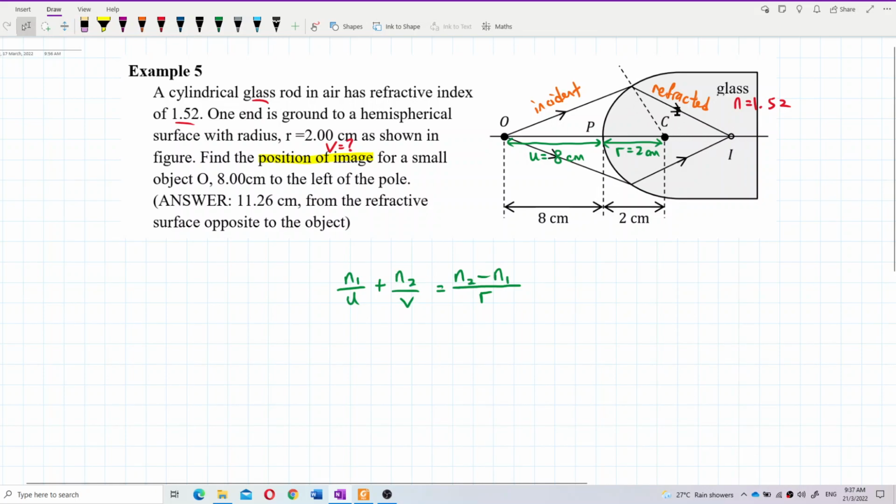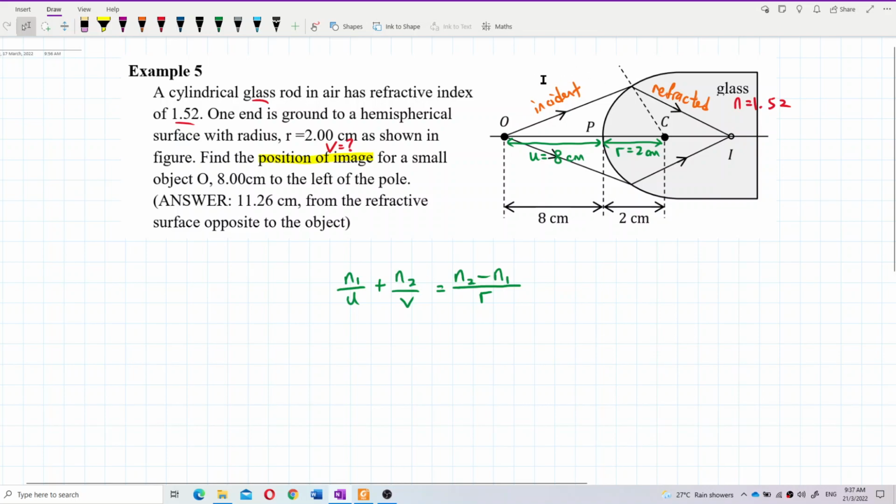Now, where is n1 and where is n2? The incident ray is in the air.